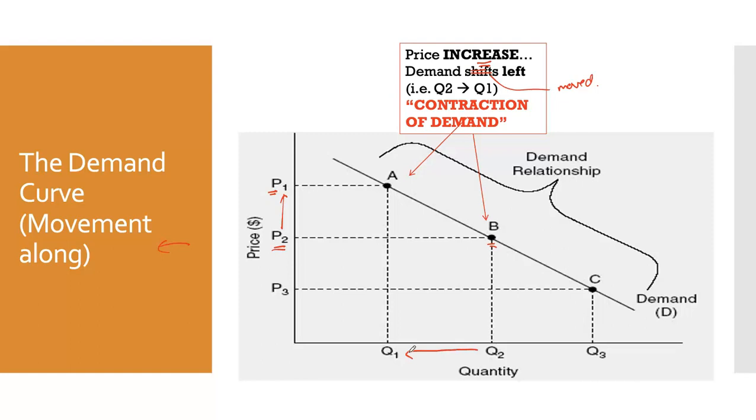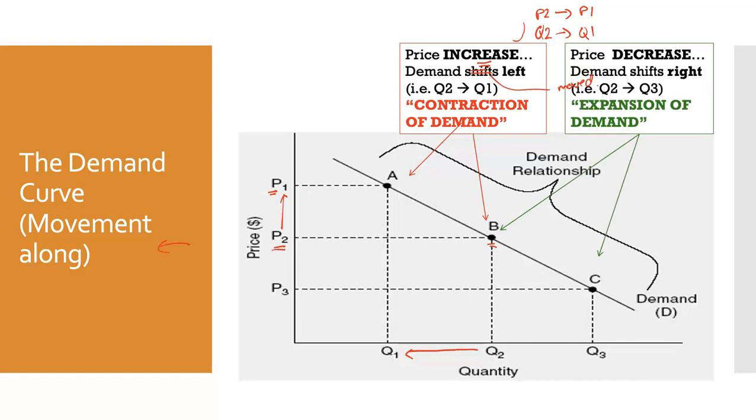I have a contraction of demand. As my price has increased from P2 to P1, my quantity has gone from Q2 to Q1. So my impact here is I have gone from P2 to P1, an increase in price. And this has led my quantity to go from Q2 to Q1, a decrease in demand. I have a contraction of demand, movement along the curve.